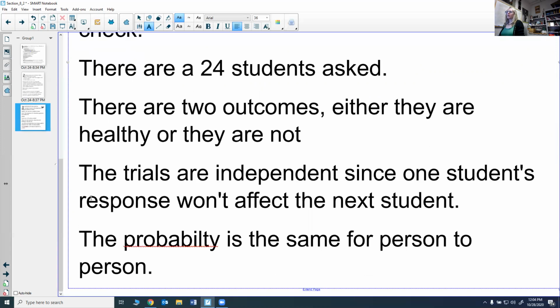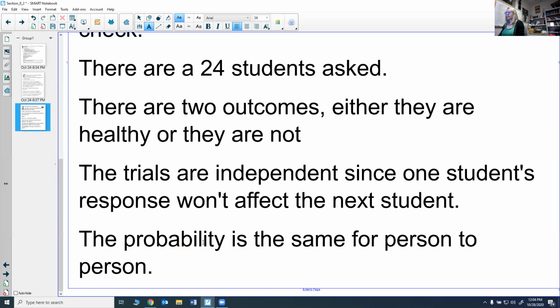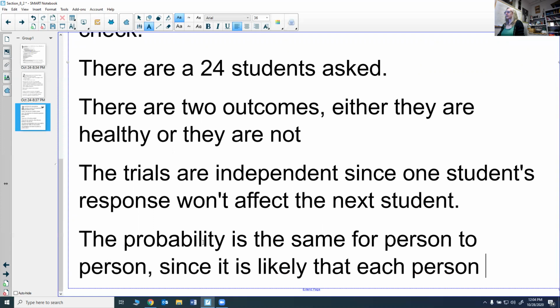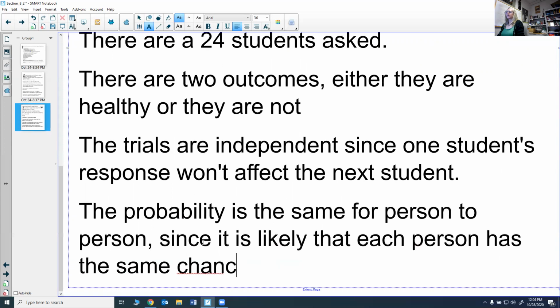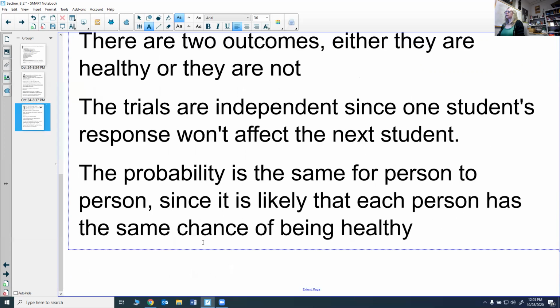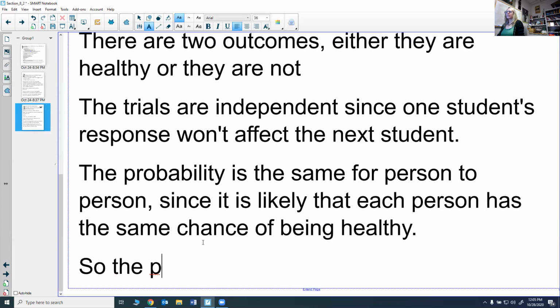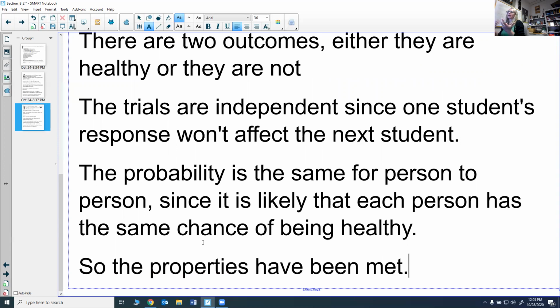We're not positive about that one, but we can be pretty well assured that that one's probably true, since it is likely that each person has the same chance of being healthy. So we can now say the properties have been met. You do want to kind of conclude: here's what my check was, and I now conclude that.